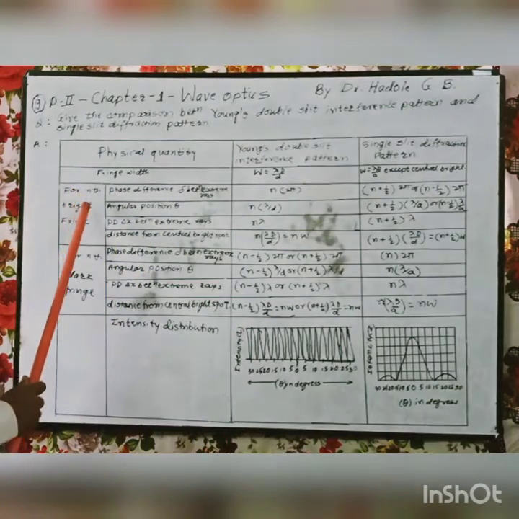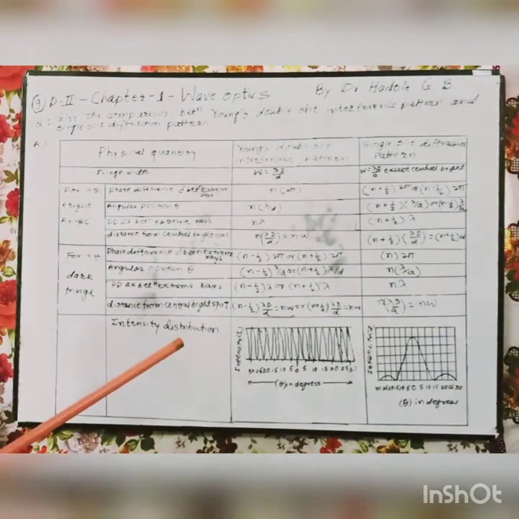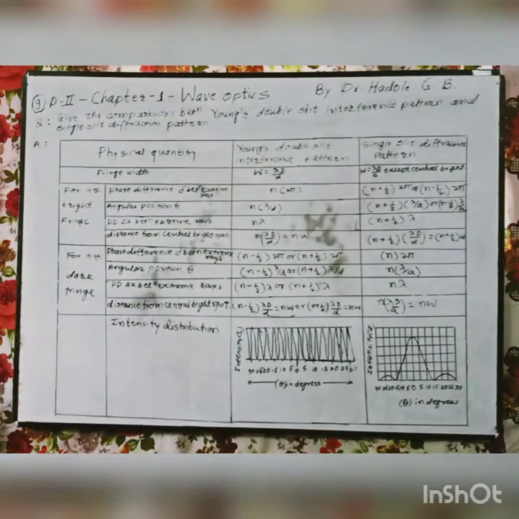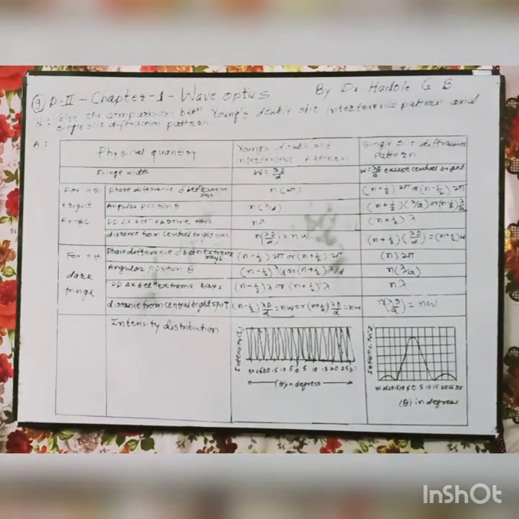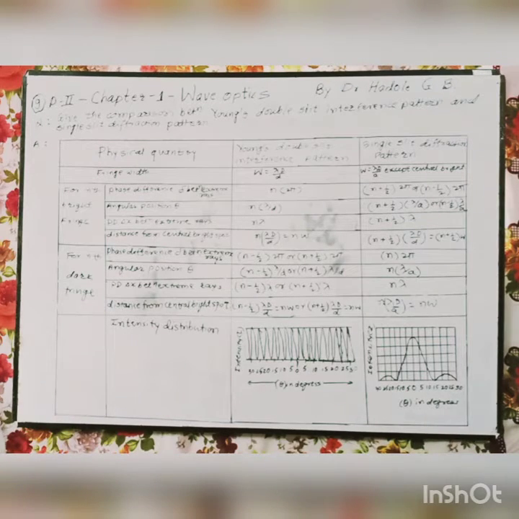Now for nth bright fringes, we have seen that in Young's double slit experiment the central bright point is formed, and on both sides of the central bright point dark and bright fringes, or bands, are formed.